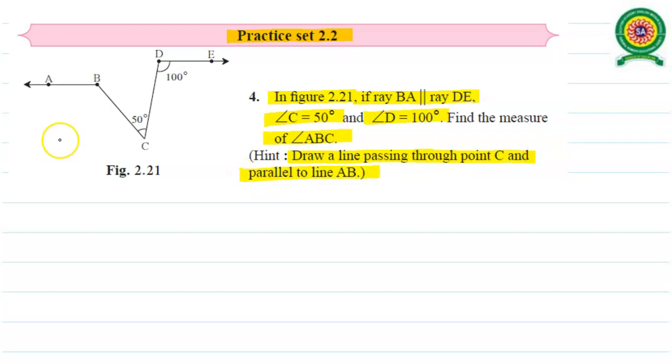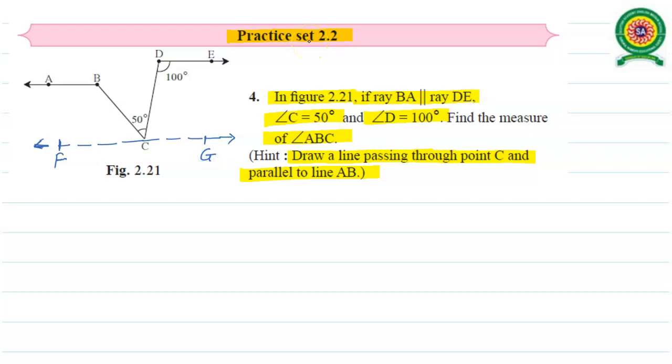So let us try to draw a line passing through point C. This is our construction, so you may draw the dotted line and consider 2 points on that line. I would like to consider the point F somewhere here and point G somewhere here.